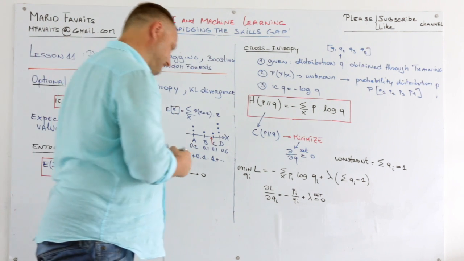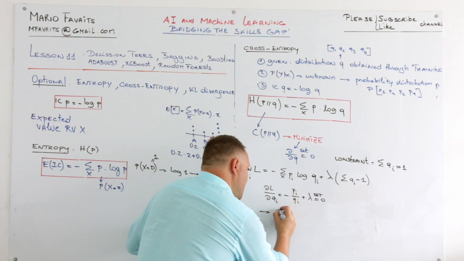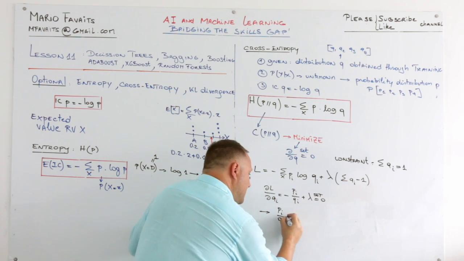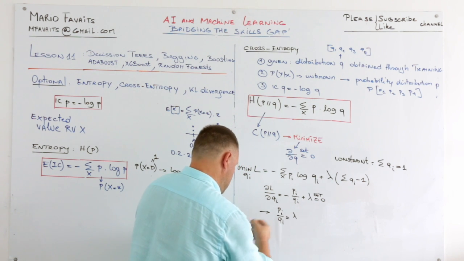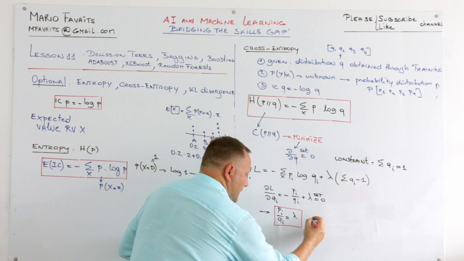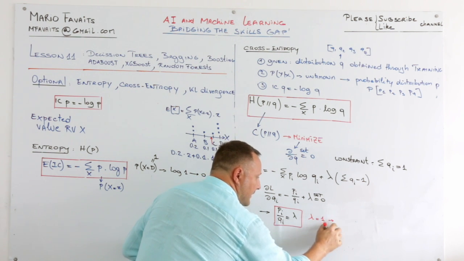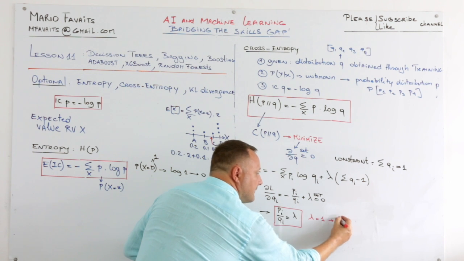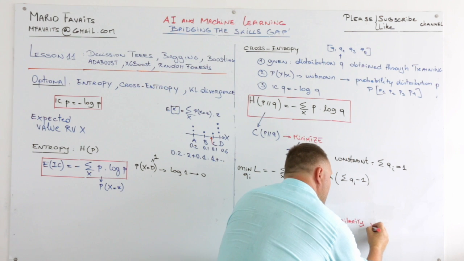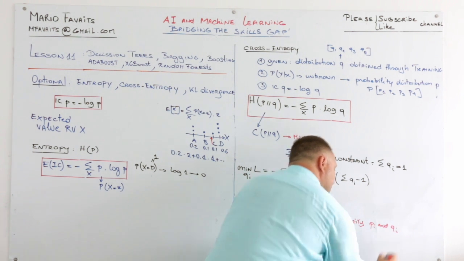Now, that means that pi divided by qi equals lambda. From this one, if lambda equals 1, we have similarity of pi and qi.